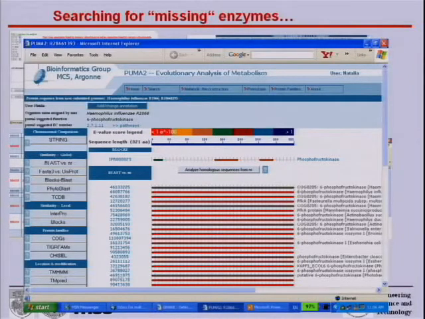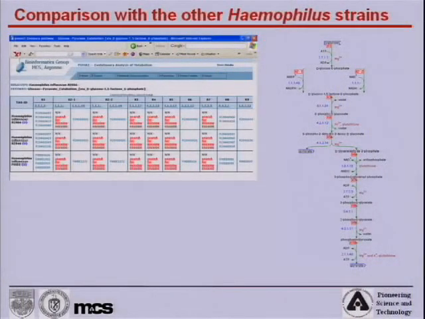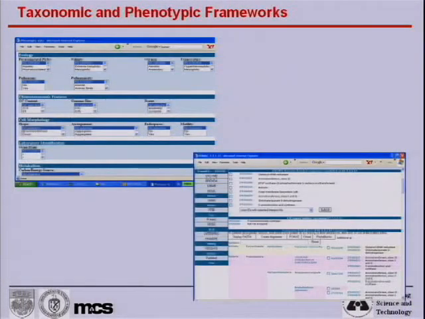So this is a good hypothesis for experimentalists to go ahead and actually verify. We can do it from KEGG. We can compare different strains, like what is the difference between different strains.